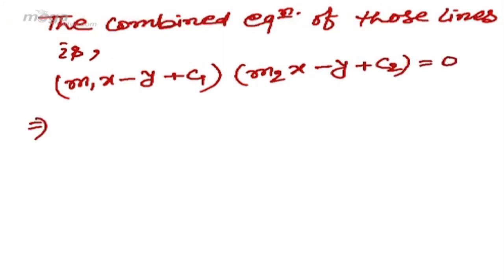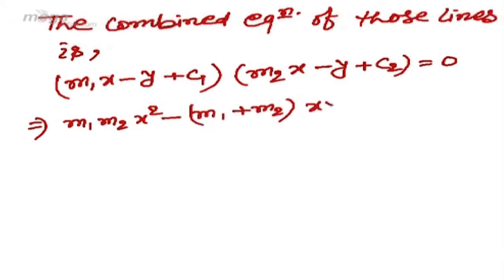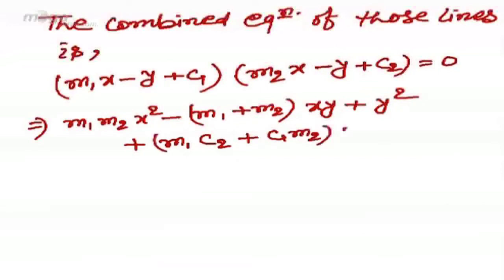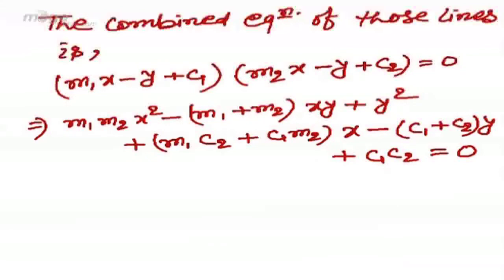Now we will open the bracket. So it will be m1 m2 x square minus m1 plus m2 xy plus y square plus m1 c2 plus c1 m2 x minus c1 plus c2 y plus c1 c2 is equal to 0.